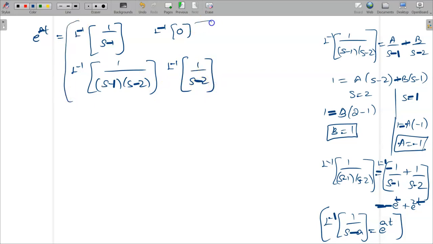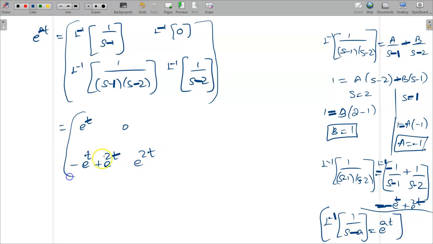Now L inverse of this term is nothing but e power t. Anyway, this is 0. This is the answer we have obtained: -e power t plus e power 2t, and for this it is e power 2t.